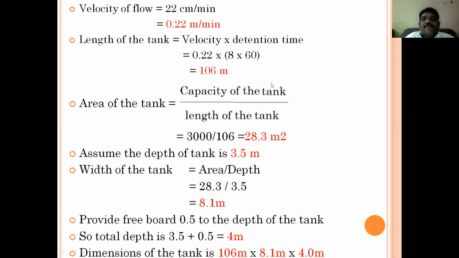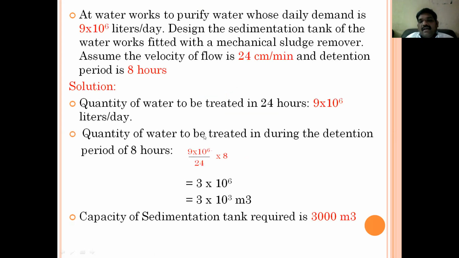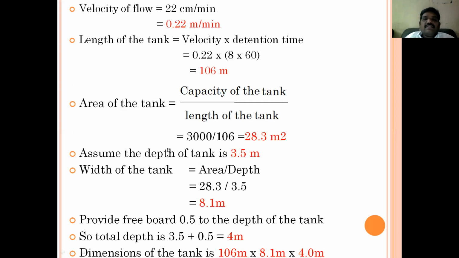Now area is capacity by length. Capacity 3000 and length 106, and we found 28.3 square meters. Assume the depth, as it is not given, as 3.5 meters, which is pre-prescribed and empirical. Width of the tank is area by depth. What is the area? 28.3. And what is the depth we assumed? 3.5.